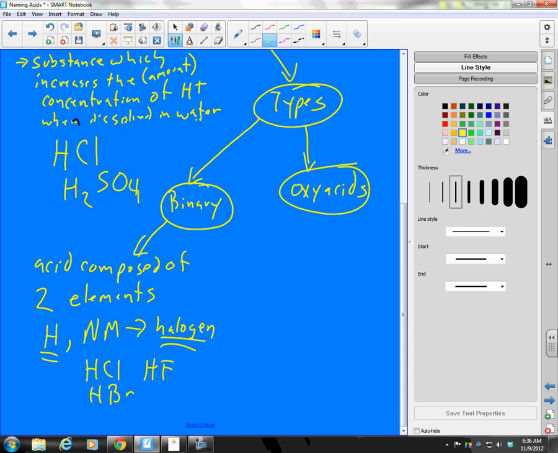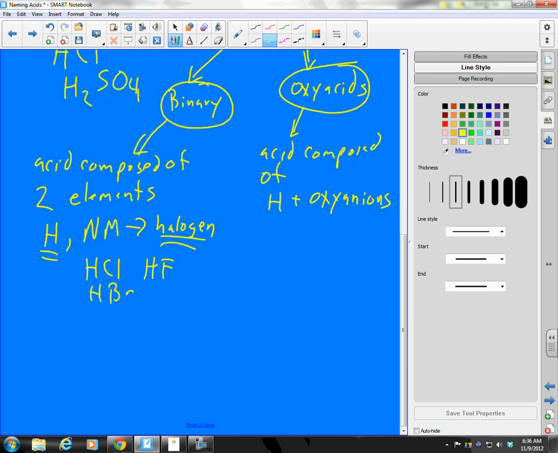Now, what's an oxyacid? An oxyacid is an acid composed of H plus an oxyanion. Aha, do you guys remember what your oxyanions were? Well, those are my polyatomics containing oxygen.